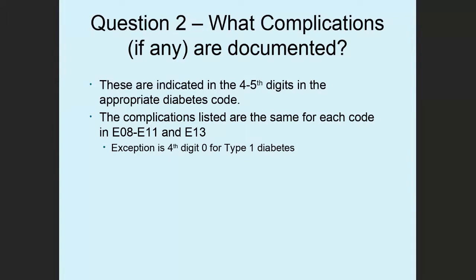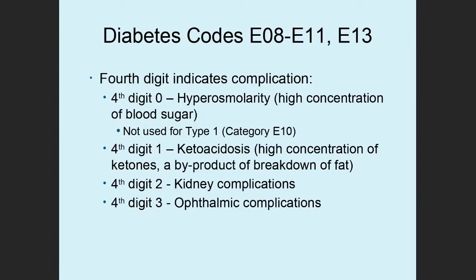The exception to this is type 1 diabetes, which does not have the fourth digit 0 for hyperosmolarity. So the fourth digit indicates the type of complication. 0, hyperosmolarity, except for type 1.